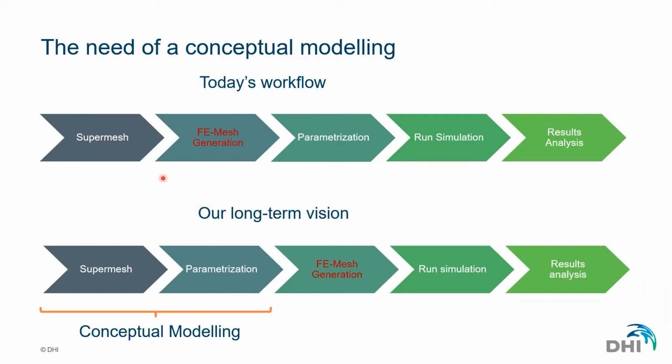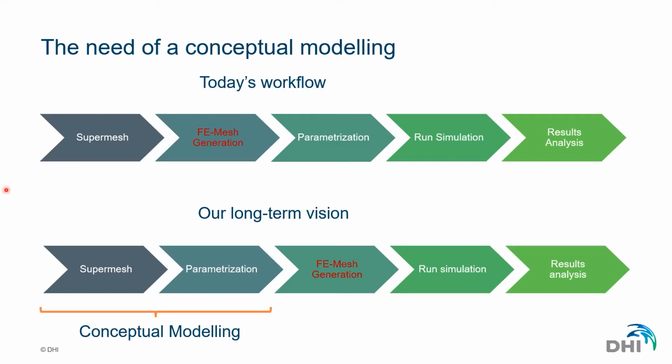So we had an internal discussion on how we can improve the whole software, make it faster in terms of calculation, but also in terms of workflows. How do you build your groundwater model with FEFLOW? And we have a long-term vision, which in simple words is: try to postpone the meshing process as late as possible.